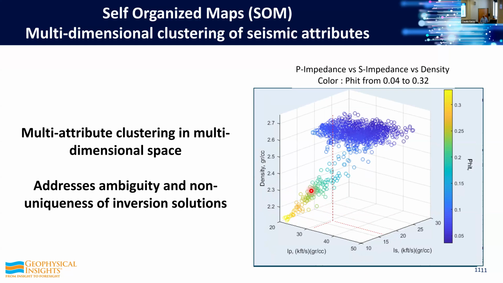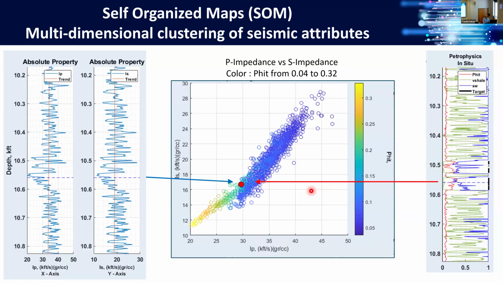So what I'm trying to say is that this can be very ambiguous and non-unique. And the way of reducing that ambiguity or non-uniqueness is by adding more attributes. But you're going to say, okay, but I'm already looking at 3 dimensions, 3 attributes. How can I bring in more attributes and make the interpretation? And the answer is self-organized maps. That's exactly what self-organized maps do.